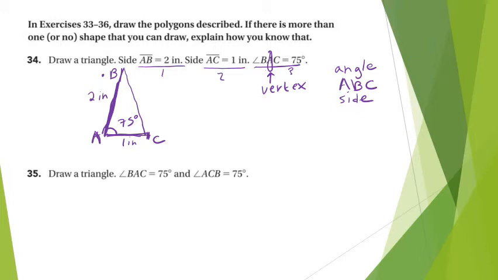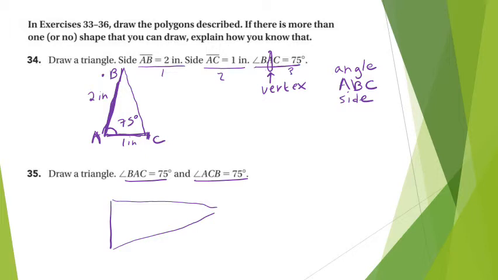And then for 35, we've got another triangle here, this time with 2 angles. And so again, we talked a little bit today, 2 angles. This particular triangle could look a lot of different ways, right? It doesn't give you any information about the sides. But when it comes to 2 75 degree angles, whatever you picked as maybe a side length, when you set this up, you're going to have 2 pretty big angles.